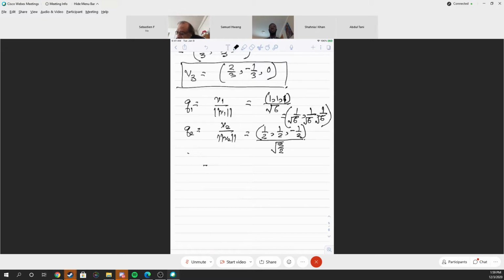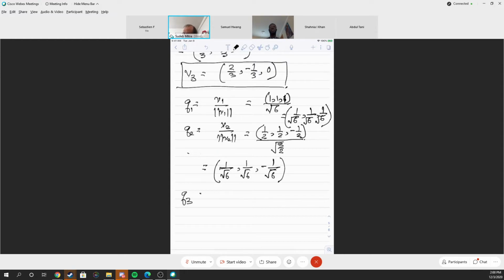So that is half upon root 2. Okay, 1 upon root 6, 1 upon root 6, minus 1 upon root 6. Root 3 means there 2, the square root of 2 goes up, right?